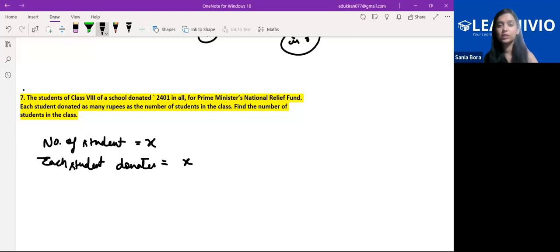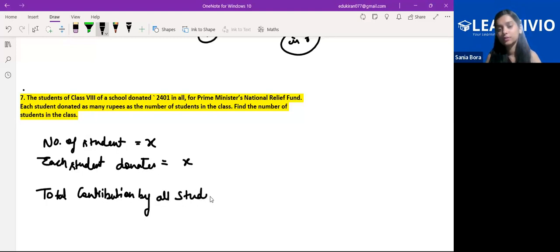These are the two things. Now the total amount of contribution by all the students would be the number of students multiplied by the contribution of each, which is X multiplied by X, which will be X square.